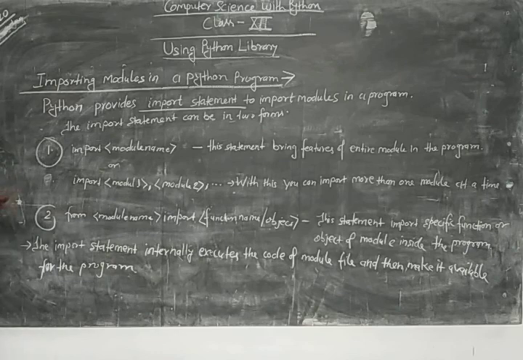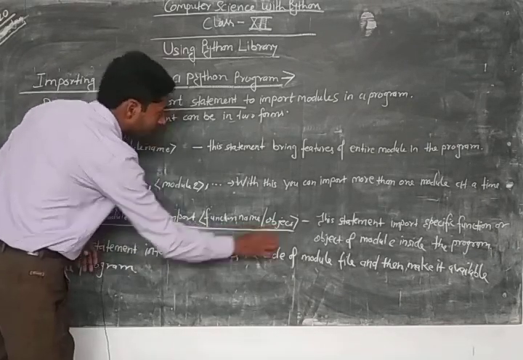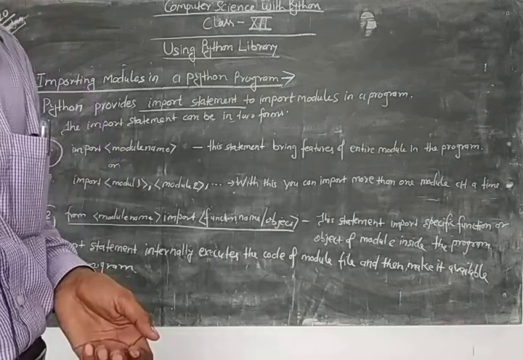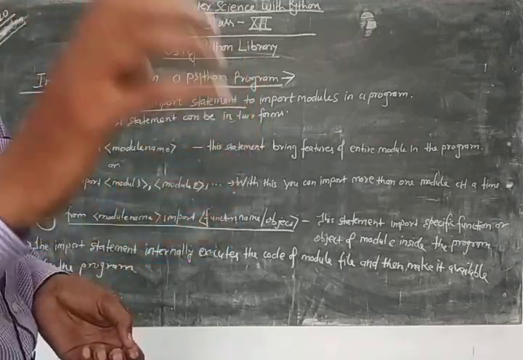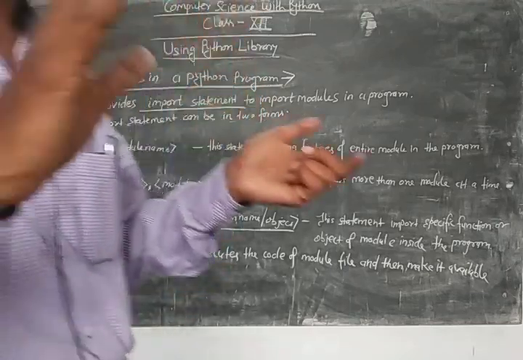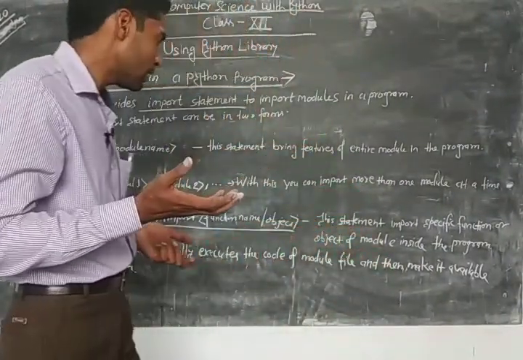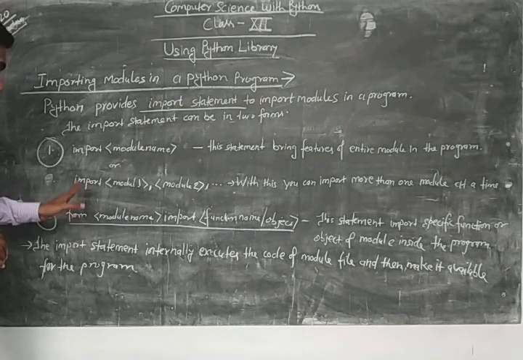Now the second format is from module name import. If you want to use only some function or object in your program, you do not want to use the entire module, so you will have to use the second format. And what is this?